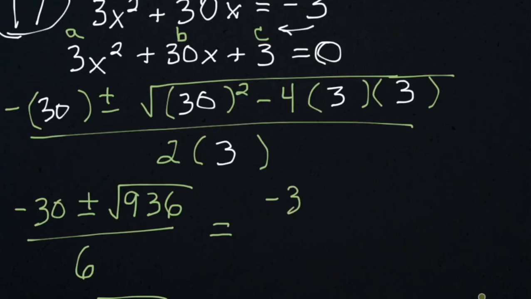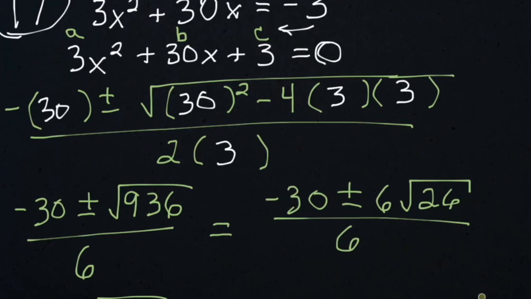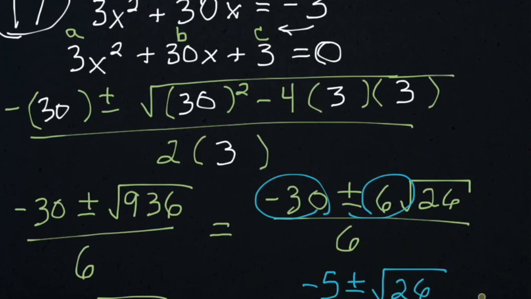So we can break it down to negative 30 plus or minus 6 square root 26, all divided by 6. Lots of 6's in there. Remember, you can simplify, but you have to divide both the 30 and the 6 in front of the radical by the 6 on the bottom. That will give us negative 5 plus or minus the square root of 26.